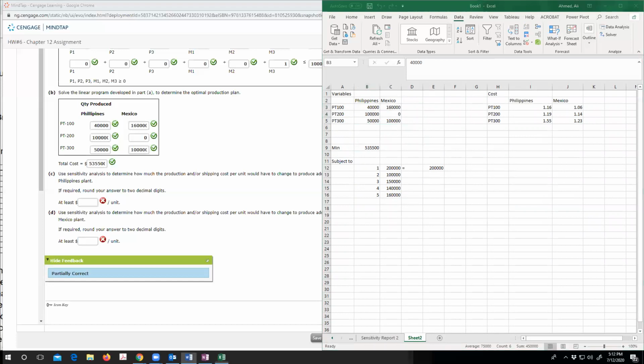Everything is actually pretty good, the answer is pretty perfect, but it's not showing me a sensitivity analysis for some reason, even though I have put the cost.